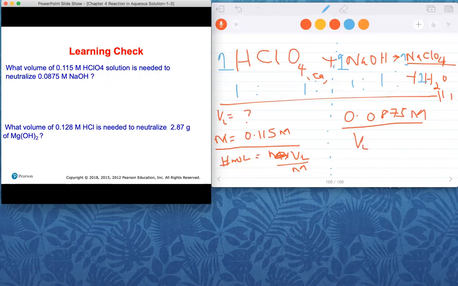Something is missing here. Let me see. Hold on, let me check. Something is missing in that problem: the volume. I should have been given the volume of NaOH.